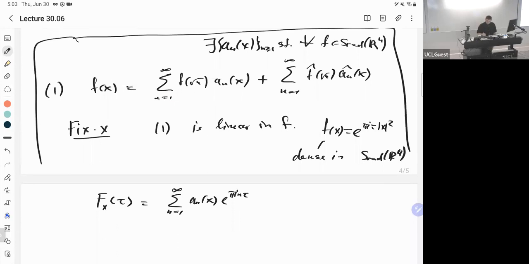So if you just send f to these two collections of numbers, and I'm still abusing notation where I'm treating radial functions as one-variable functions, then this map is injective, and the Poisson summation formula gives you the co-kernel.